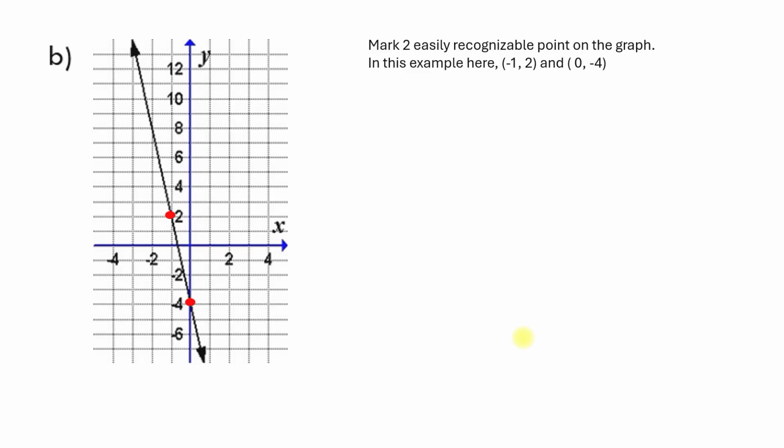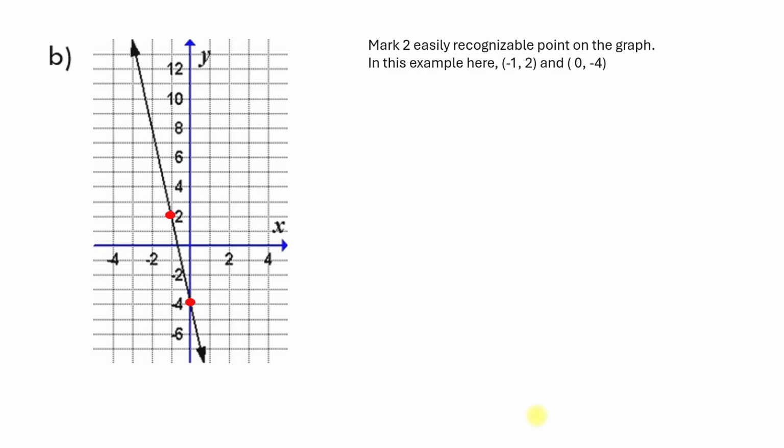Question B, we're given another graph, and we want to find two easily recognizable points. So here I've chosen (-1, 2) and (0, -4). Once again, we have two methods for figuring out what the slope is.